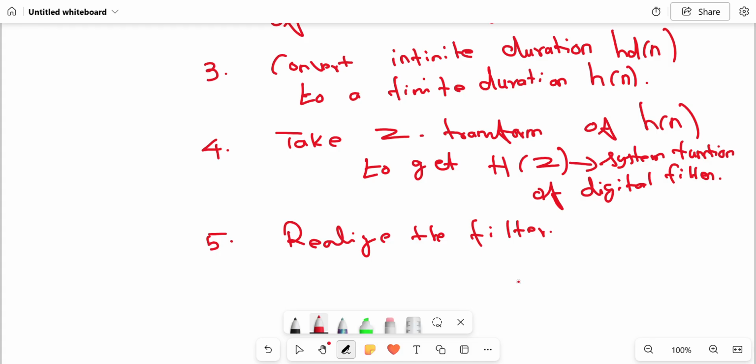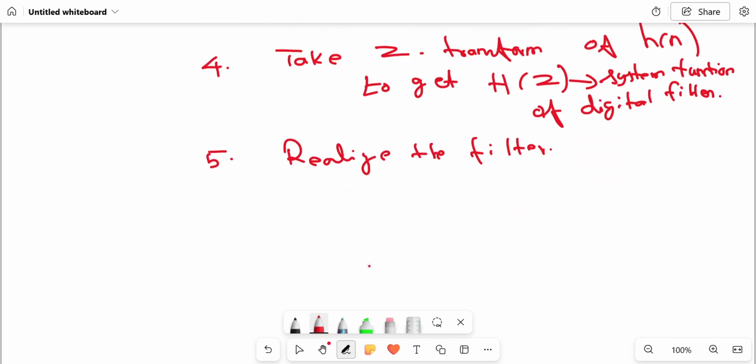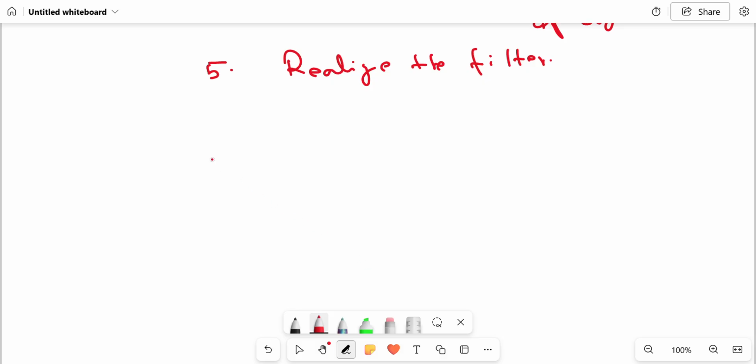So how to realize the filters? Already we have discussed the realization of filters. What are the three important components of filters? For example, here H of z, for an FIR filter, x of n goes through the unit delay z inverse, and you will get x of n minus 1.